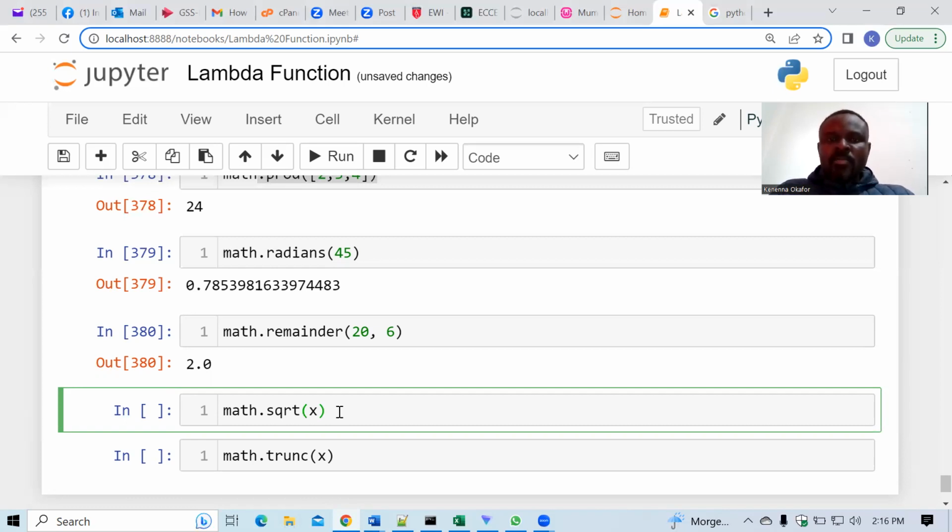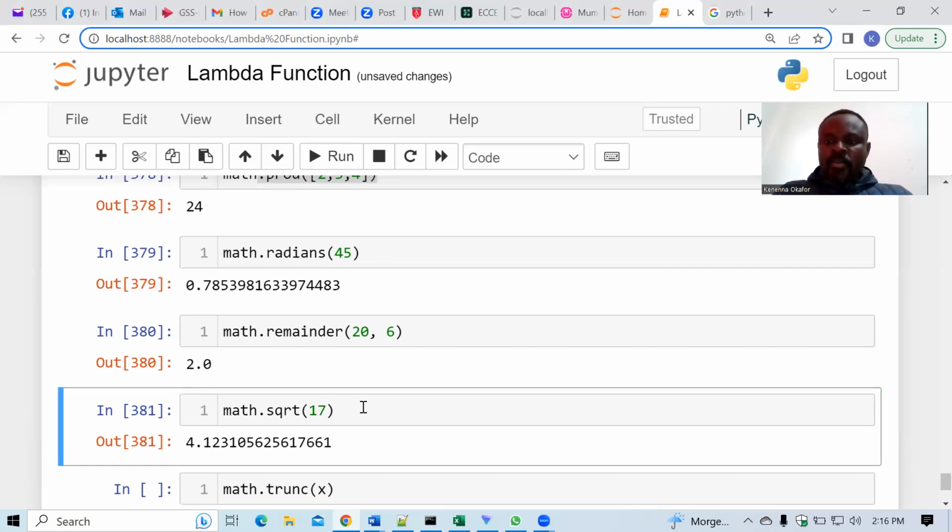It doesn't give you the integer equivalent, no. So if I provide 17 as the argument and I run, I'll get a floating point value. But if I were to make this isqrt, it will give me 4. It just rounds it down. So do we see the difference, guys? I need to make this just sqrt so that I get a floating point value.